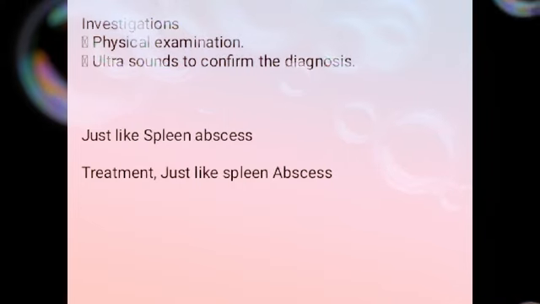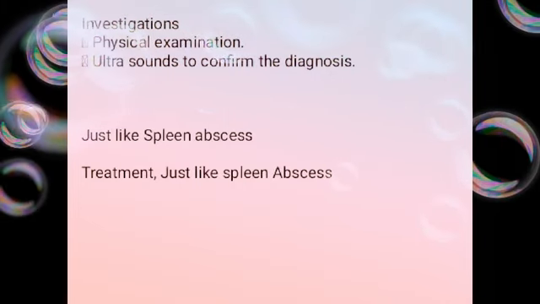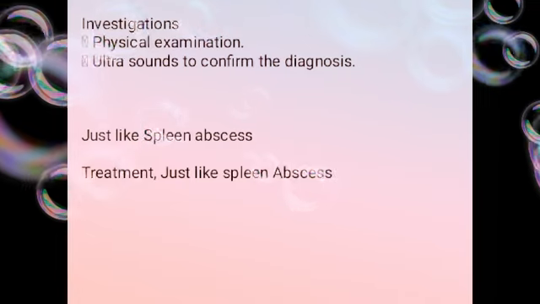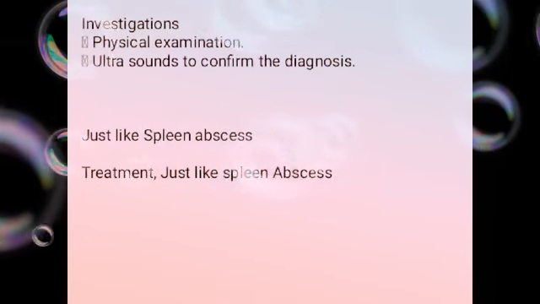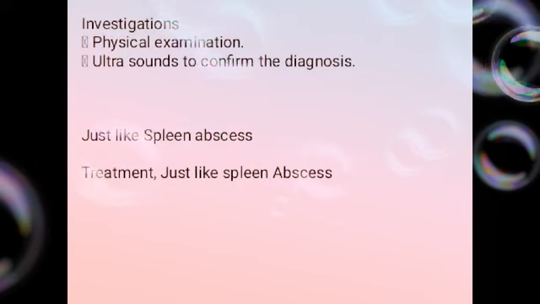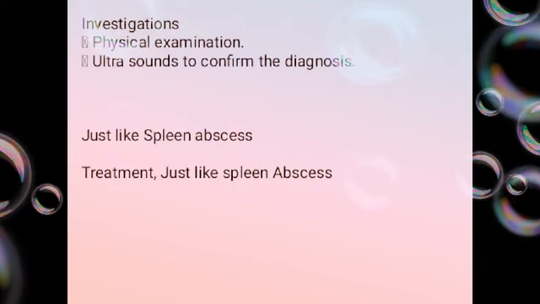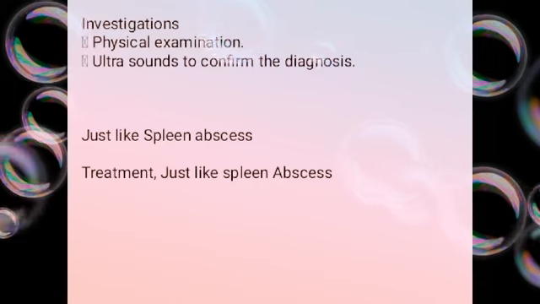And other investigations are just like we have talked about in the spleen abscess, like taking the history and taking physical examination, just like it's always been shown here. You can do the CT scan and all those other investigations that we talked about.